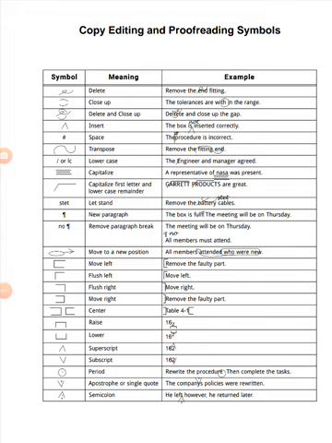And the next one, delete and close-up. Delete and close-up is used when you have a spelling error. You want to remove a particular letter and join the rest of it. When you have such a situation, you can use this delete and close-up.